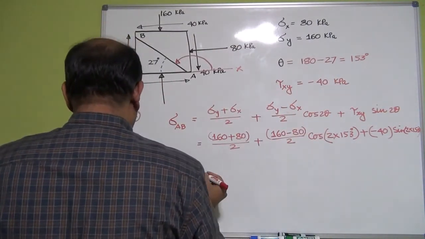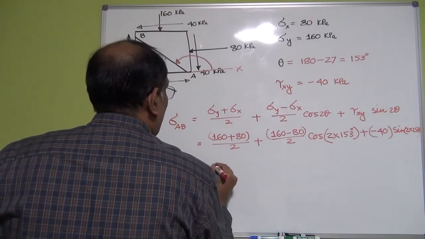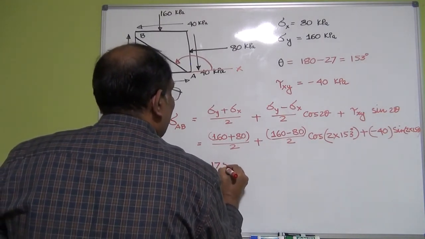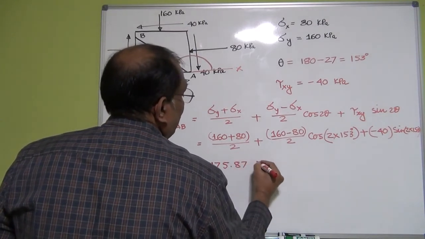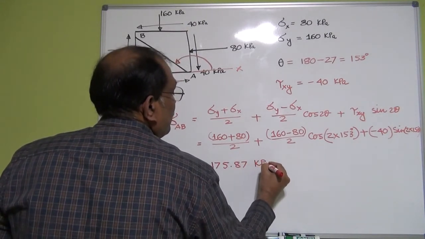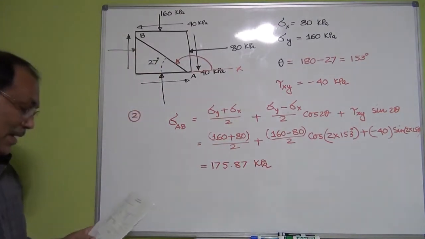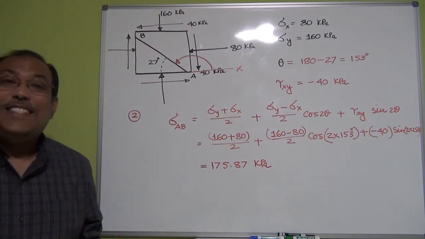So basically you get 175.87 kPa. So your answer would be C.